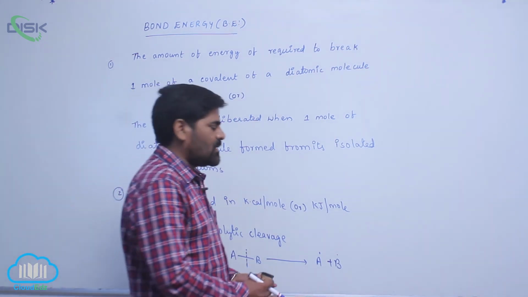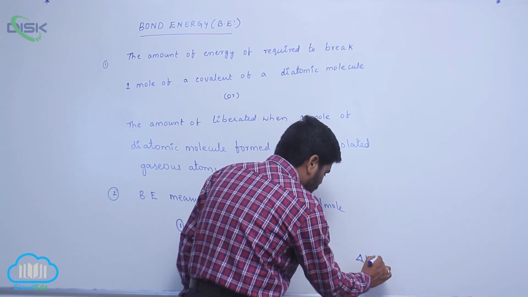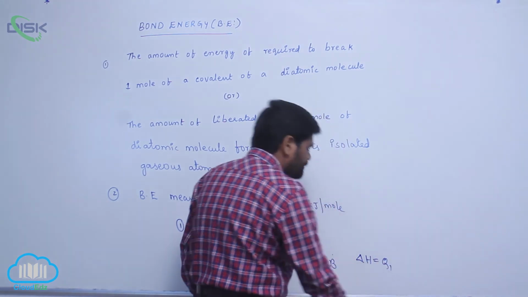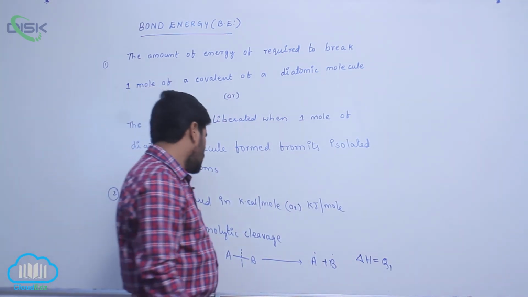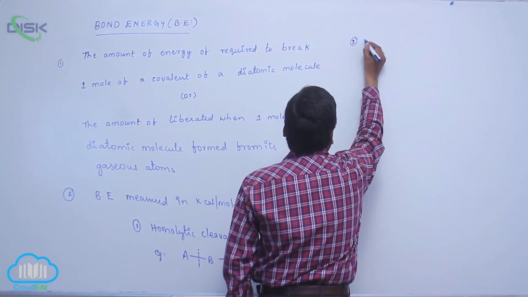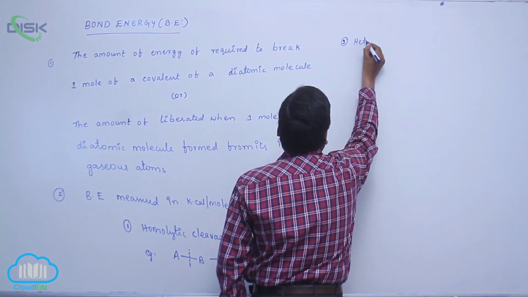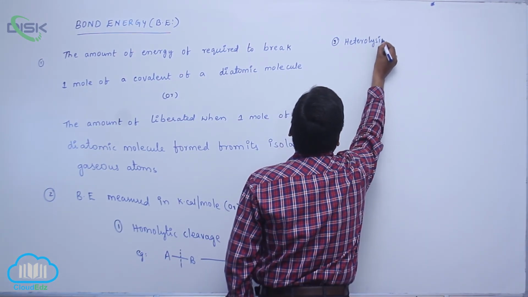Now some amount of energy is involved, so delta H equals Q1. Delta H equals which one? Q1. Then the second one is heterolysis.